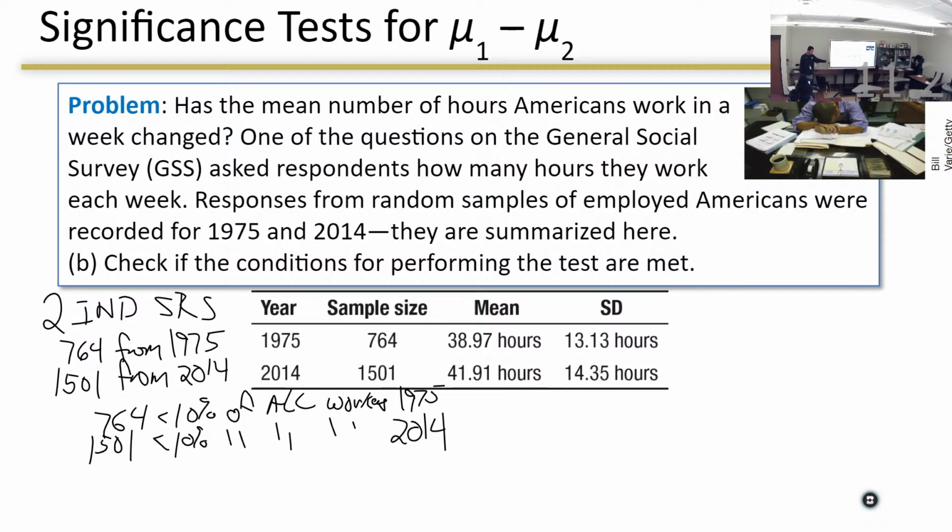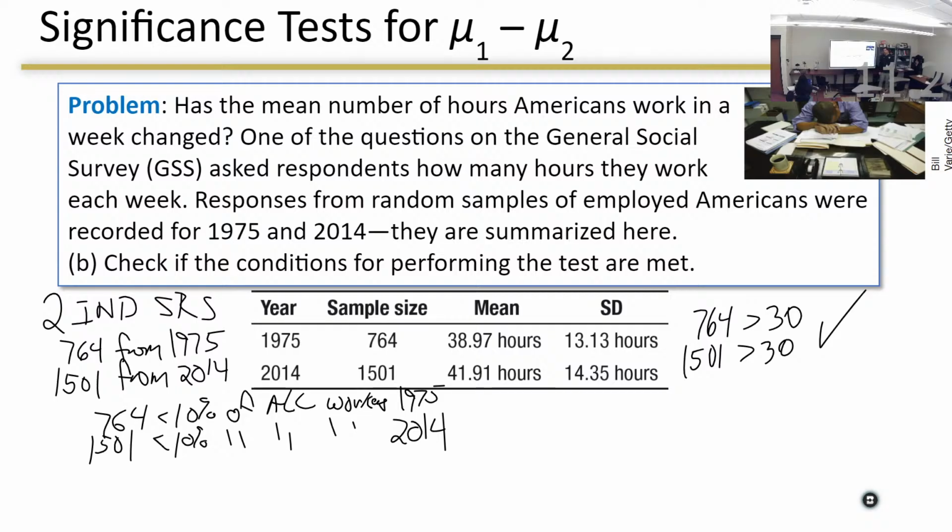One, two, three. SRS, random, 10%, large counts. Oh, this one's the easiest of all of them. 764 is greater than 30. 1501 is greater than 30. Check. About the easiest one we can do.